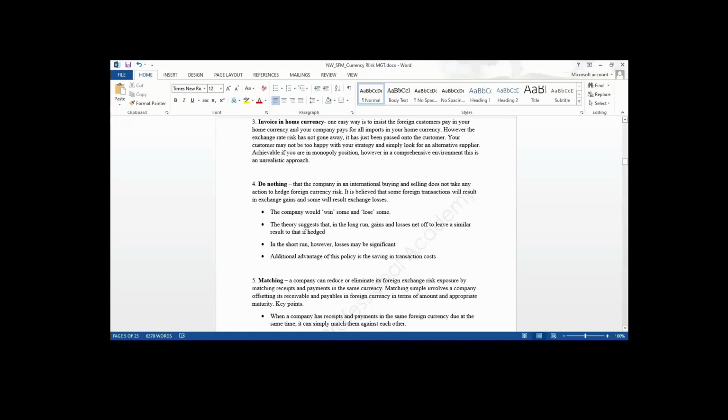Our company based in Nigeria imported raw materials from China, and we are supposed to pay our supplier in China $50 million in 3 months' time. That is a foreign payment in dollars. Now, we have gotten the raw material. We now use the raw material to manufacture our products.